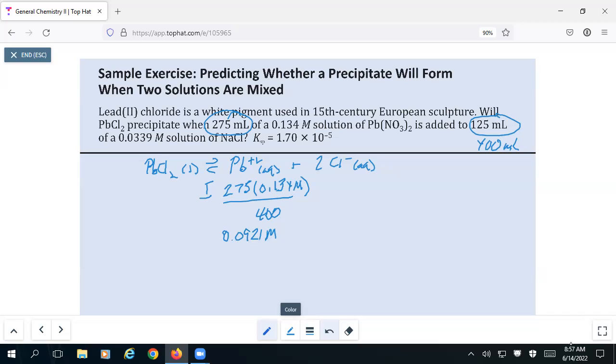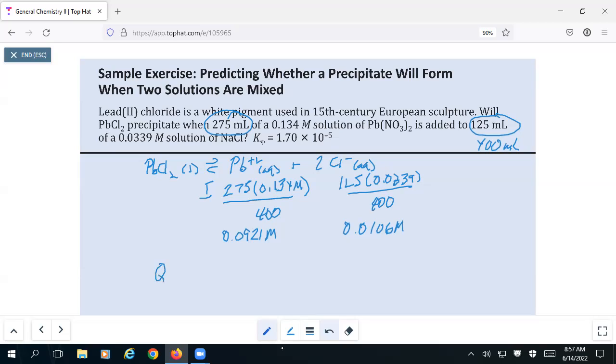And for the chloride, it's 125 multiplied by 0.0339 over 400. So that's 0.0106 molar.